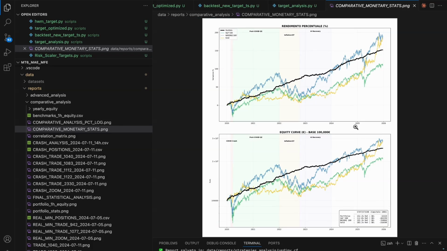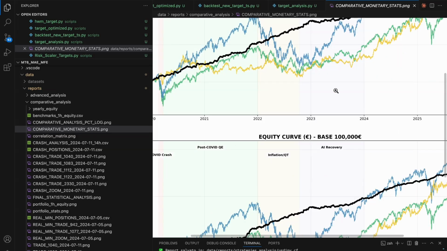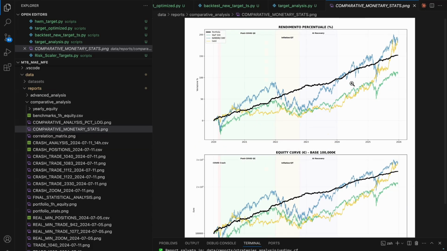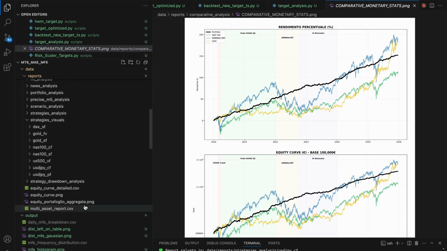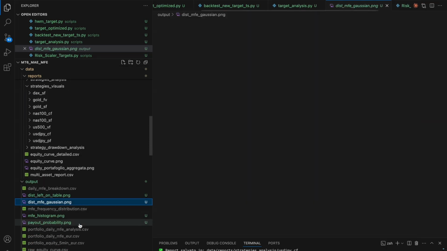But I was saying about the MFE, you can easily use the same portfolio with the same trades, but instead of letting the trades close by themselves with the algorithms, you can analyze the MFE. In this case we did it here.